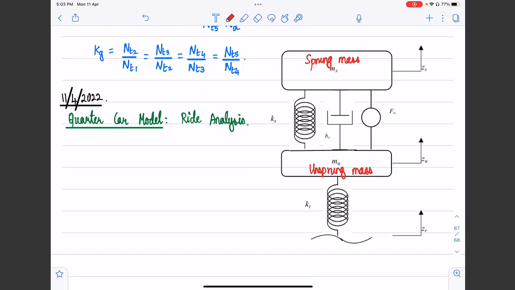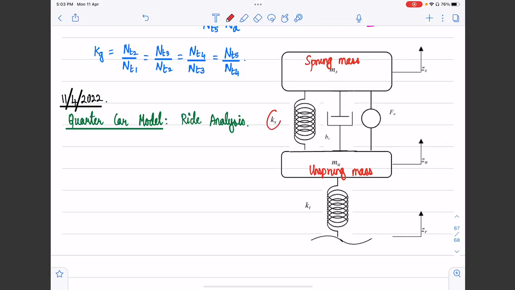Okay, and in between the sprung and unsprung mass lie the suspension elements. We have the energy storing element, which is denoted by a spring, and the energy dissipating element denoted by a shock absorber. The energy storing element has a stiffness of K subscript S, and this is what is called the suspension stiffness.